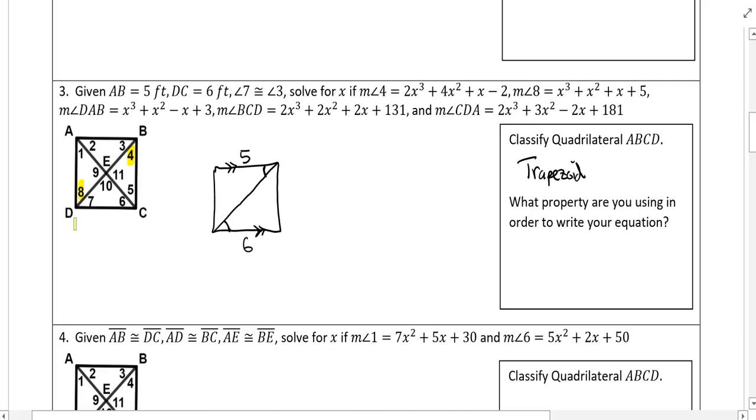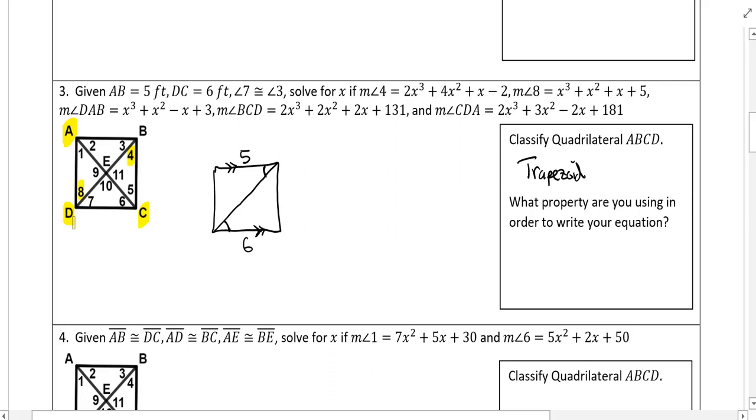You might be tempted to say that they're congruent because they're alternate interior angles, but the left side and right side are not parallel, so we can't say those are congruent. The measure of DAB, so that's that full angle A there, the measure of BCD, that one there, and the measure of CDA, that one right there.